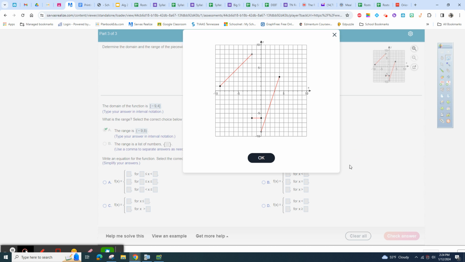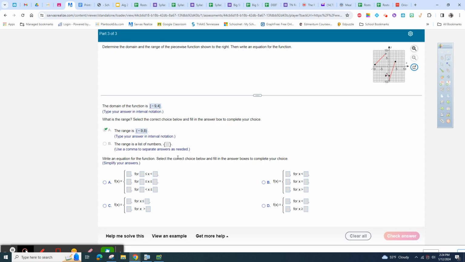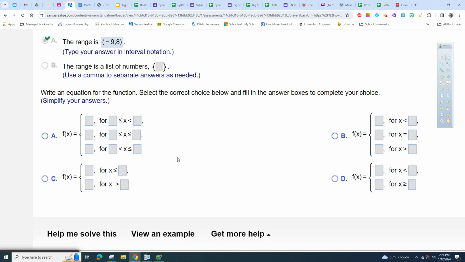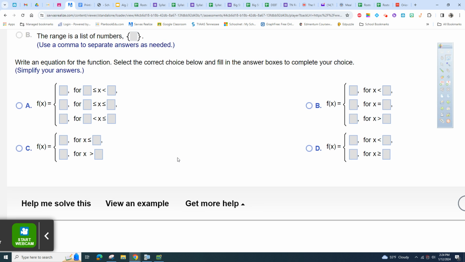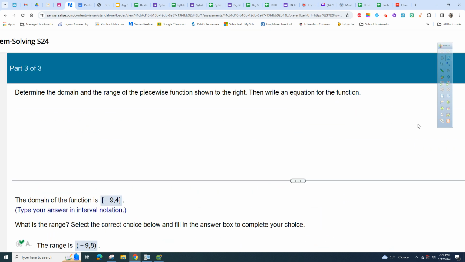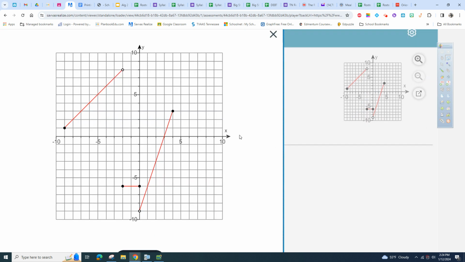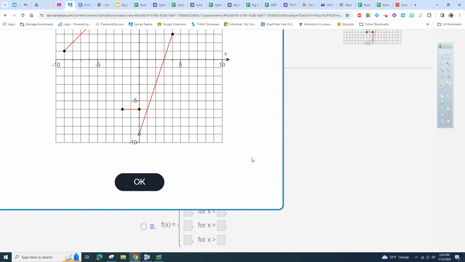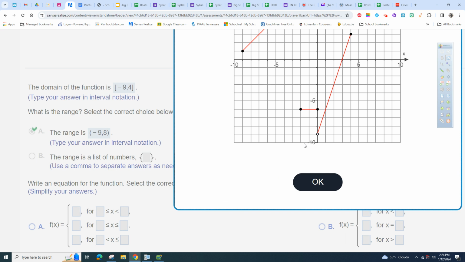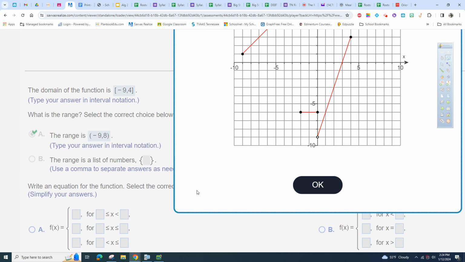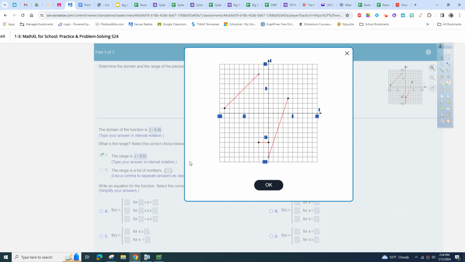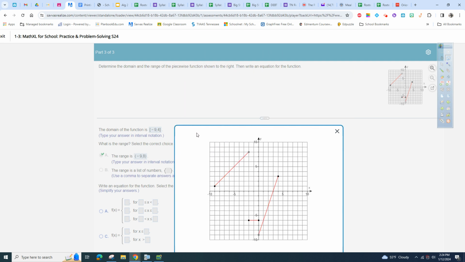So let's see if I can manipulate this to where it's easier for us to see the setup. Nope. It is not going to cooperate. Okay, there we go.